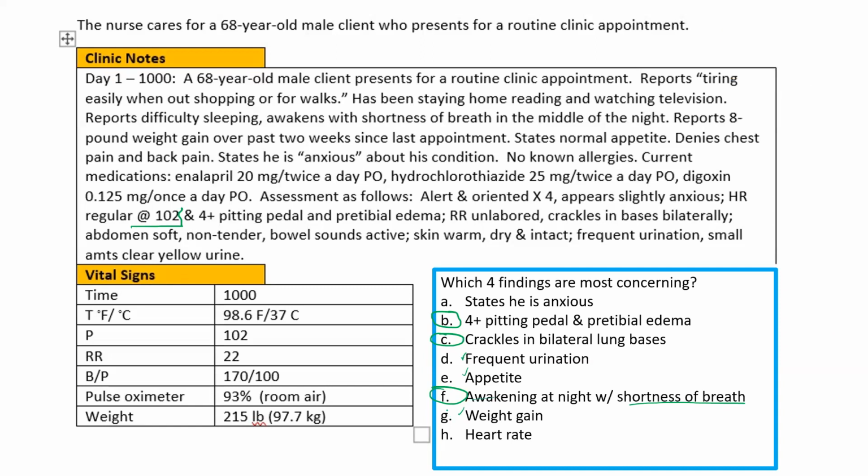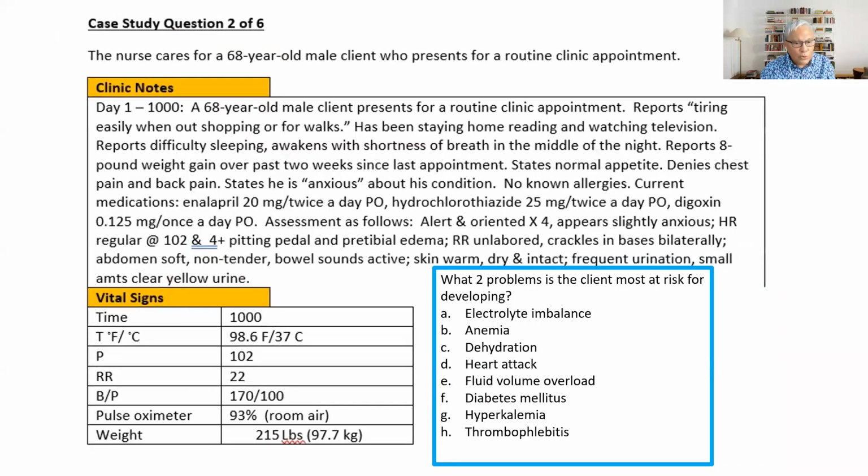I would also select this one, weight gain, because remember the pitting edema. I know you're not going to die right away from loss of appetite. The heart rate of 102 is not that significant, and frequent urination maybe, okay? But if I am very careful in choosing, I'm just going to go with B, C, F, then G, weight gain. Okay. All right, so let's go to the next question.